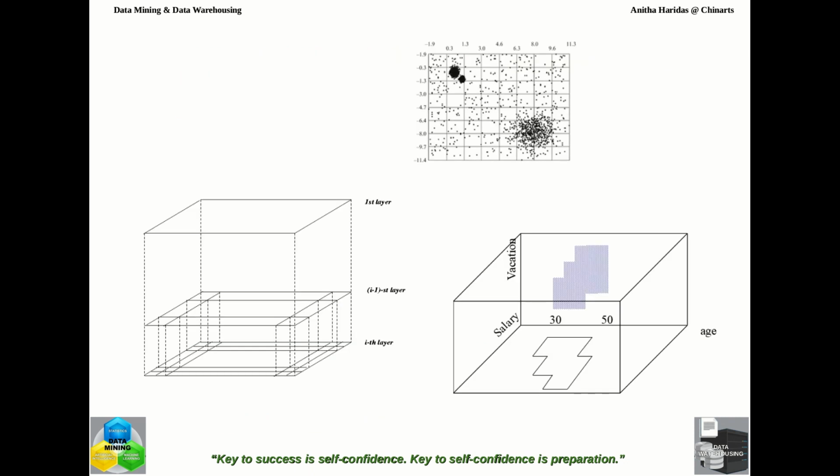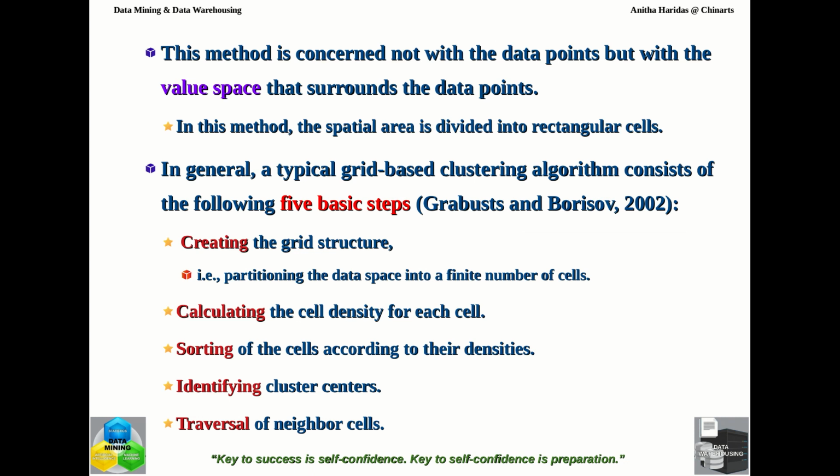Say for example this kind of rectangular cells, or this kind of layers, rectangular cells will be created, right? So the algorithm is not concerned with the data points, but with the rectangular cells available in the spatial area of the given data points.